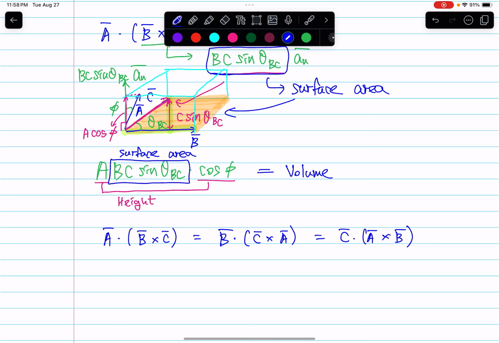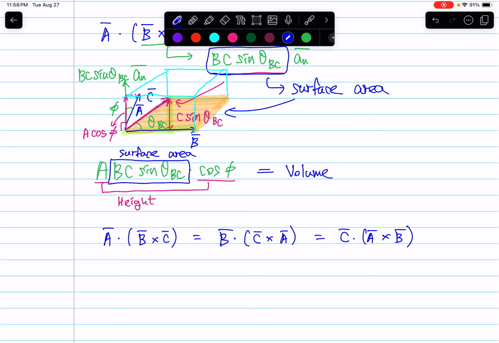Okay, the reason is because we utilized the 2D surface formed by vector C and B in this drawing, but there are other ways to do the calculation of volume.